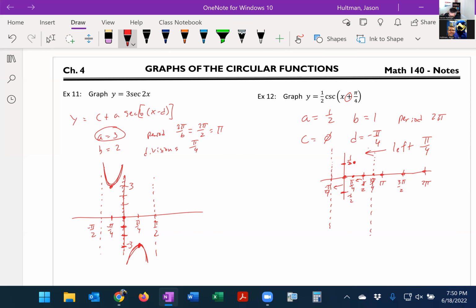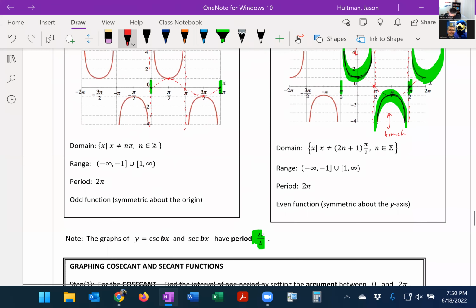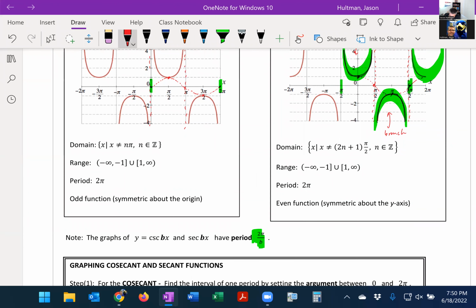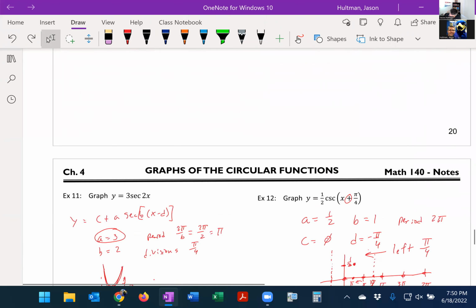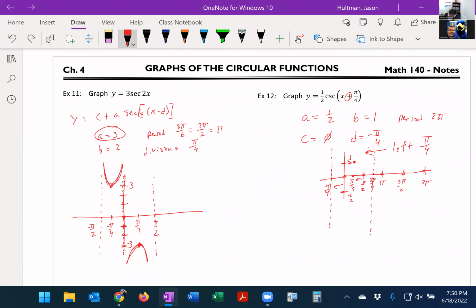Normally the asymptote for the cosecant function would be at pi, but we're moving it over pi over 4 units. So this is at 3 pi over 4. The 3 pi over 2 would have given me a negative 1/2, but again, I'm moving it over pi over 4.